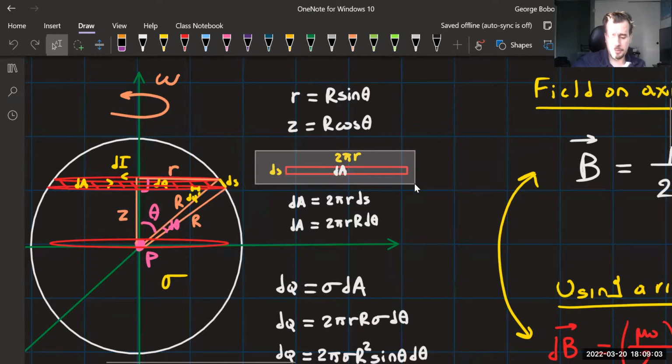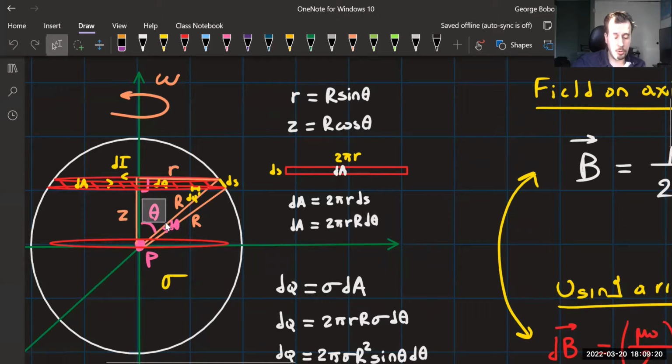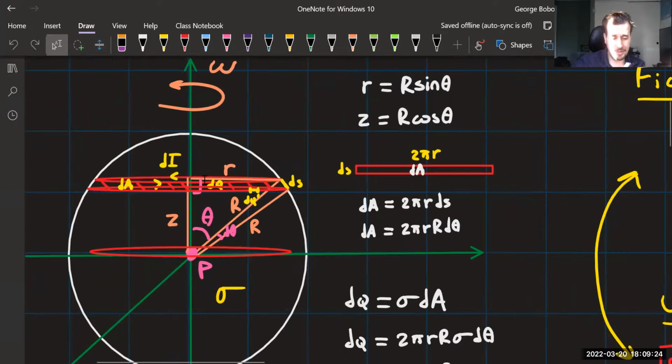I snipped the rubber band. I showed you this part in our solution. We derived what ds is, that it's equal to R d theta in our solution as well. These are some more relationships here that you've seen before, right? Between R, Z, and the polar angle. Nothing complicated. So you can see that they make sense here.